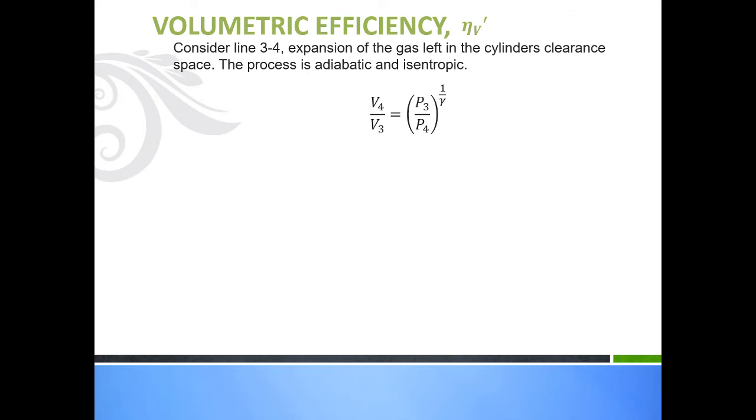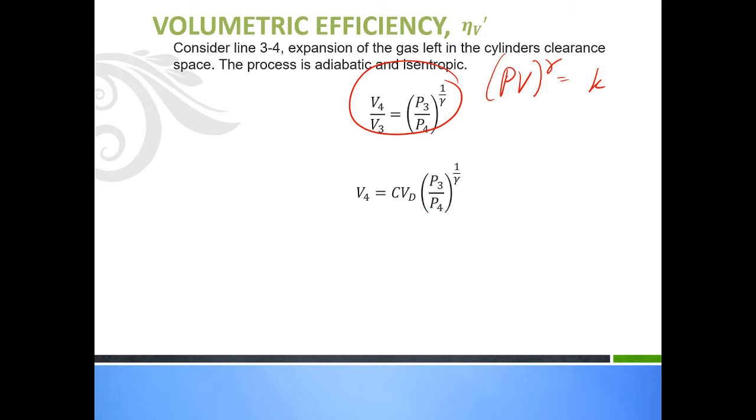Now, if you will remember yung equations natin sa adiabatic na process, yung relationship ng PV is constant. So, using that relationship, write lang natin yung V3 and V4, saka P3 and P4 na adiabatic kasi yan from 3 to 4, from point 3 to 4 as this one.